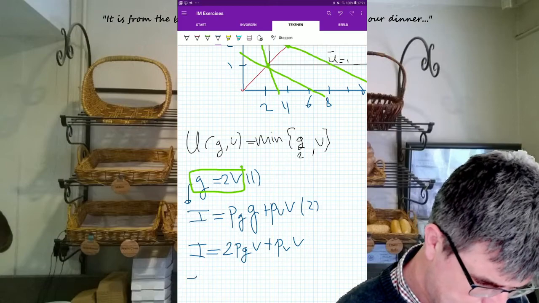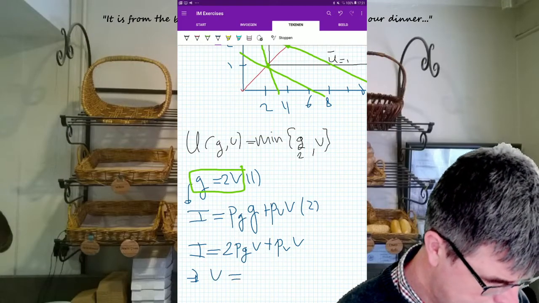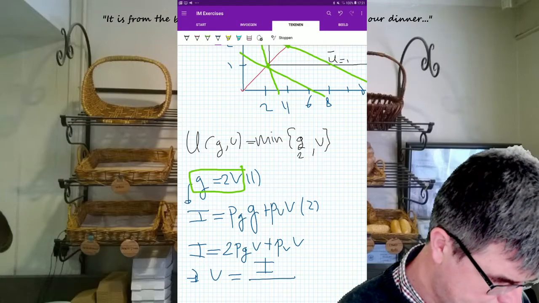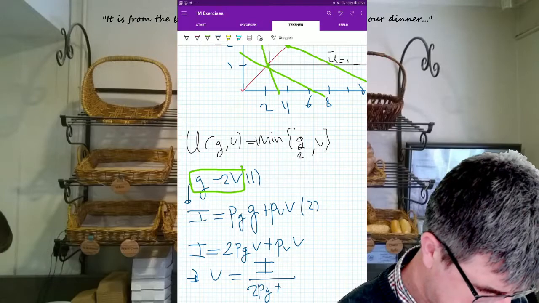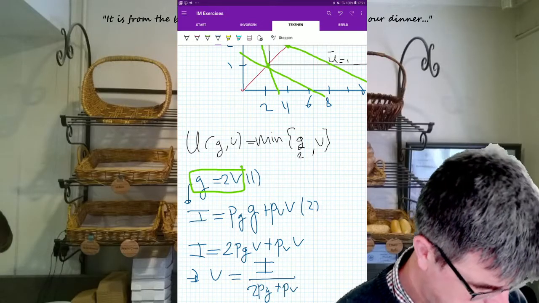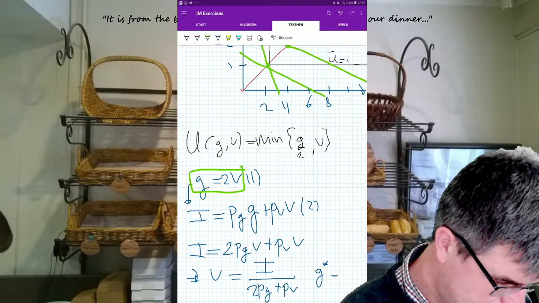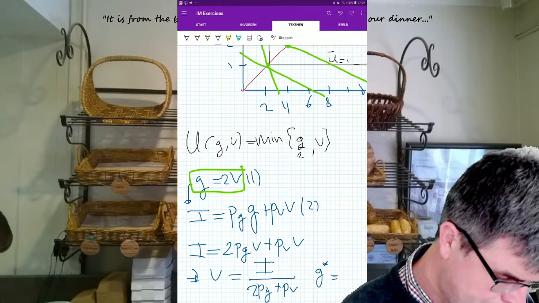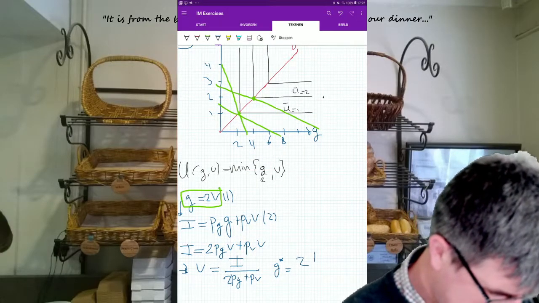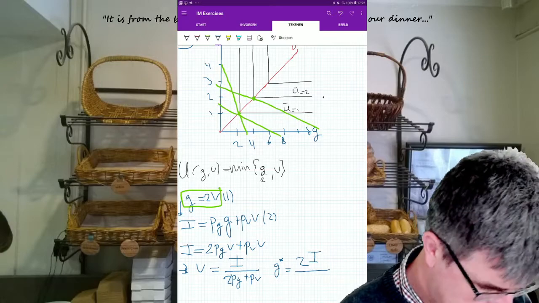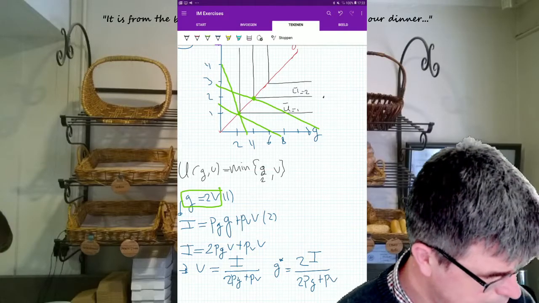So solving this one for V gives us that V is equal to our income divided by 2 times PG plus PV. And similarly, well, the number of units of gin is twice that number. So we have that the number of units of gin is 2 times I divided by 2PG plus PV.